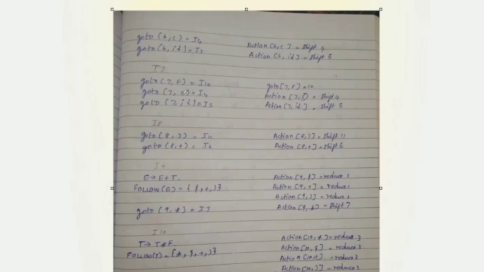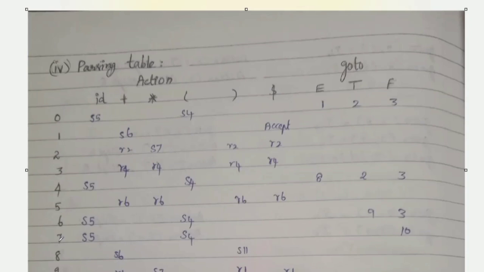Go to 7 comma open bracket I4 and go to 7 comma ID I5: these two are terminal symbols. Then write table entries: action 7 comma open bracket shift 4, action 7 comma ID shift 5. In the table entries: 7 F 10, 7 ID shift 5, 7 open bracket shift 4.